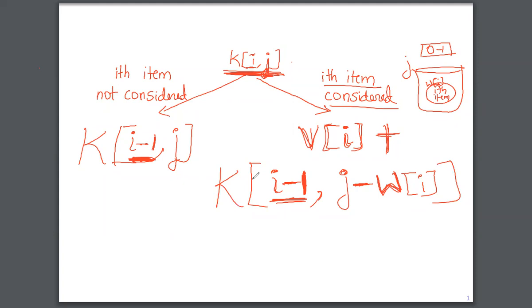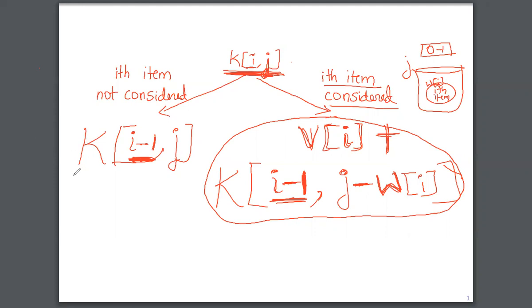Does this make sense? So if the ith item is considered, the maximum total value will be V of I plus K of I minus 1, J minus W of I. So what do you do here?